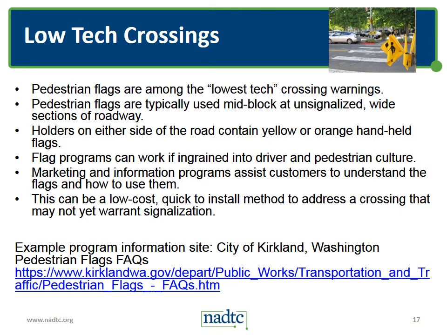This is typically at mid-block crossings, and it helps motorists better see the pedestrian. So to do that, you remove a flag from the container on one side of the street, walk across the crosswalk, and return the flag to a container on the other side. This is an example of a low-cost, low-tech option in places where a signal warrant has not been met.